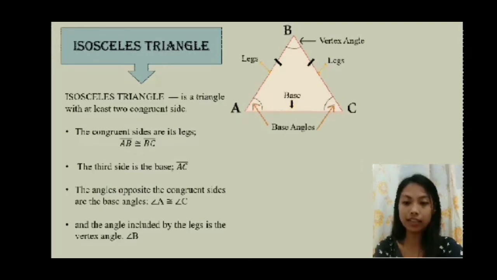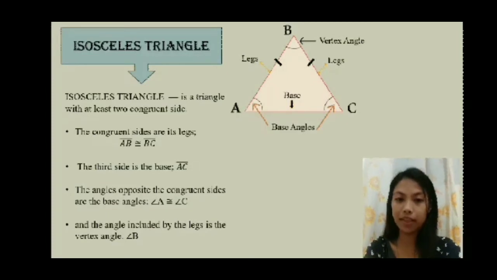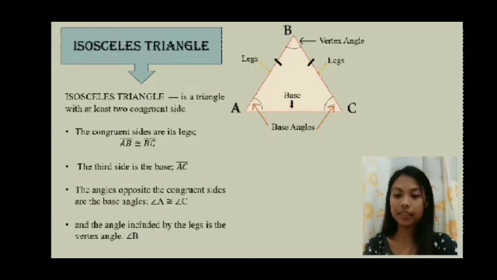And next, the angles opposite the congruent sides are the base angles. In our triangle, it is already labeled. And our base angles for the triangle are angle A and angle C. And they are congruent. And last, the angle included by the legs is what we call the vertex angle.